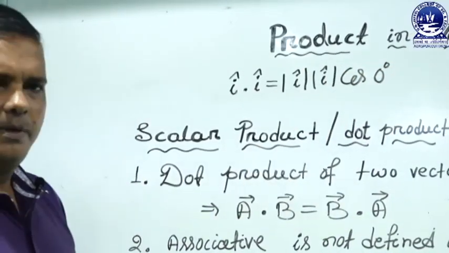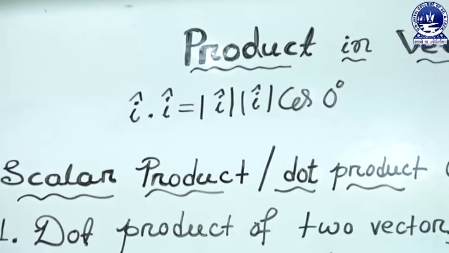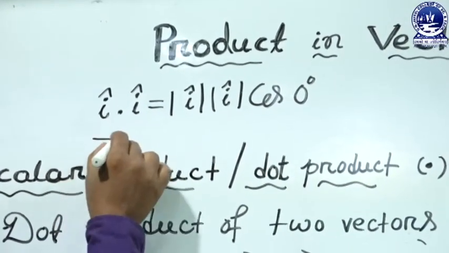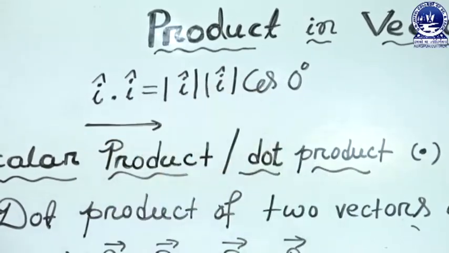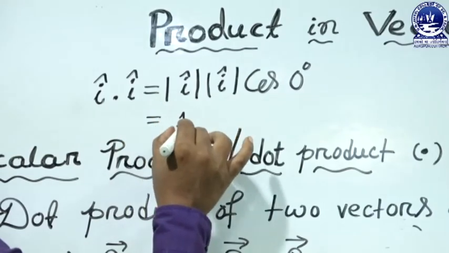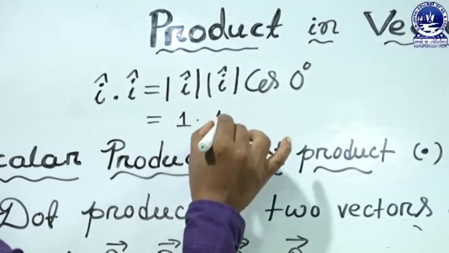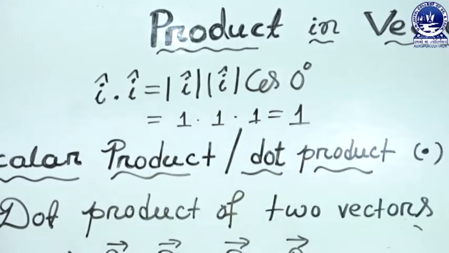The angle between two equal vectors is always 0 degrees, because the i vector is along the x axis, the same vector, so the angle is 0. i cap is a unit vector, the magnitude is 1, and cos 0 is also 1. So, the result is 1.